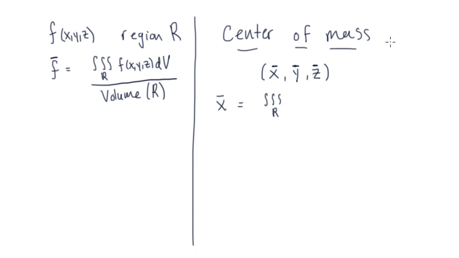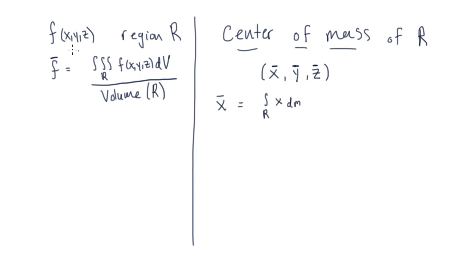So this is the center of mass of some region R. So I'm going to integrate over this region. So I'm actually going to write this as a single integral because you're going to see why. So I integrate over this region the function x, but I integrate over mass elements.